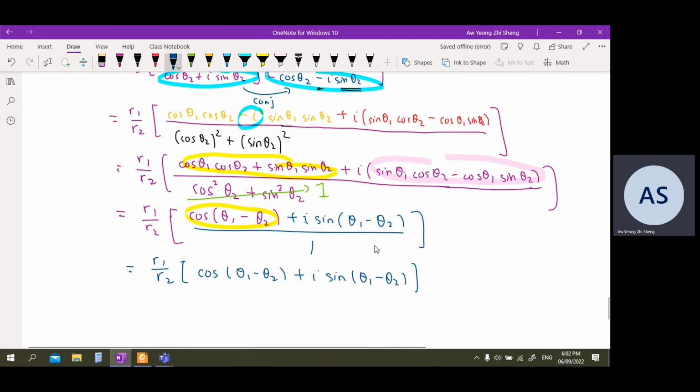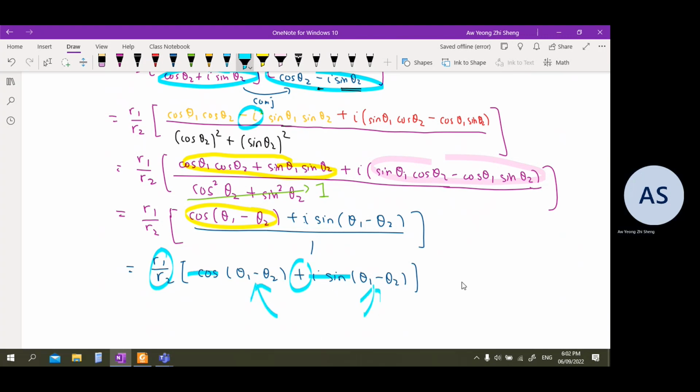So again, check whether this is a modulus argument form. You have a positive constant in front because R1 and R2 are both positive real constants. So R1 over R2 must also be a positive real constant. Then you have cos followed by i sine, you have plus in the middle, and same angle. So this is already in modulus argument form.